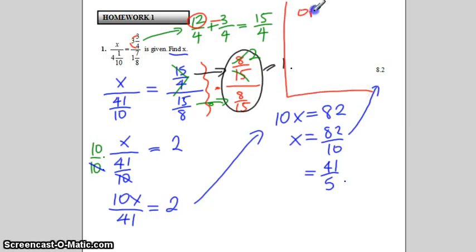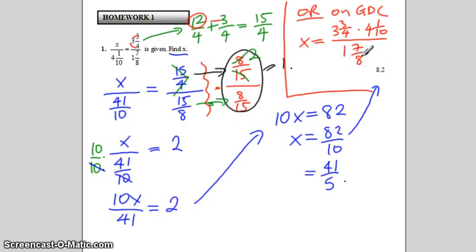As an alternative method on GDC, the graphic display calculator, we could just say x is equal to and multiply by the denominator. So if we stick with the same number here, 3 3/4, and just multiply by the denominator, which is 4 and a 10, and divide by 1 and 7 over 8. And this would be the best way to go if we have a calculator.